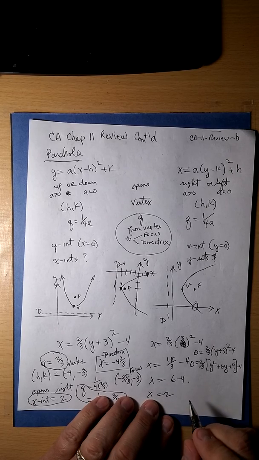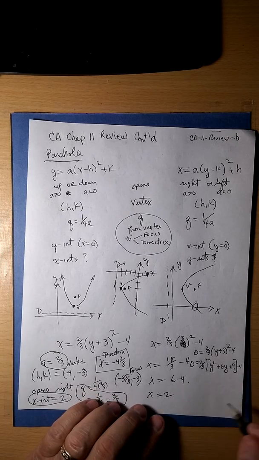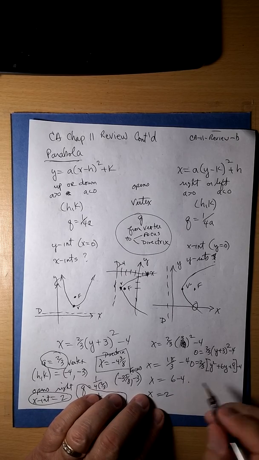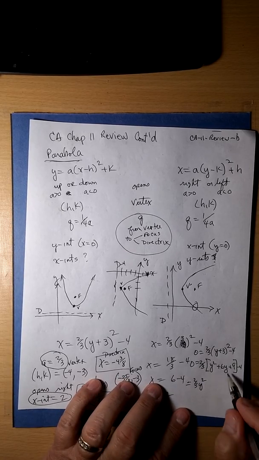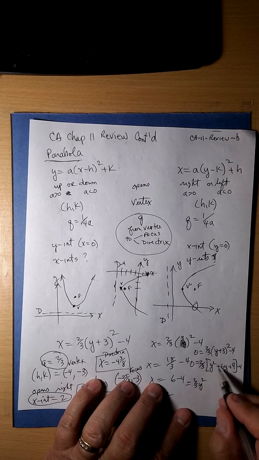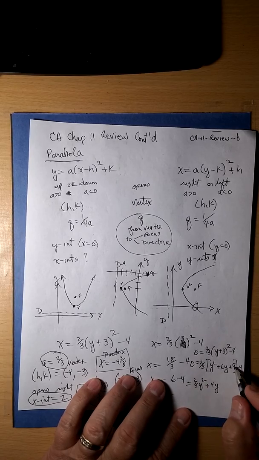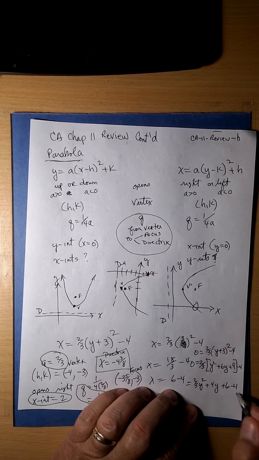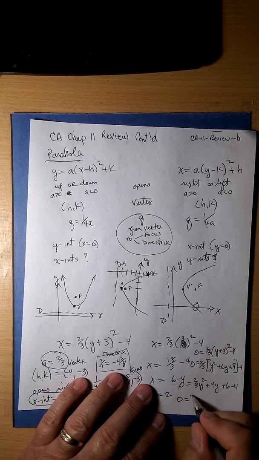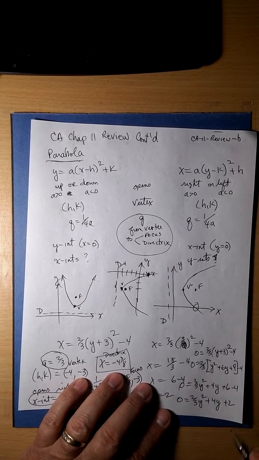Oh my gosh, we might need to use the quadratic formula for this. So 2/3 y squared. What's 2/3 of 6? Well, it's 12 divided by 3, or 4y. 2/3 of 9? Well, that's 18 divided by 3, or 6, minus 4. So 2/3 y squared plus 4y plus 2.